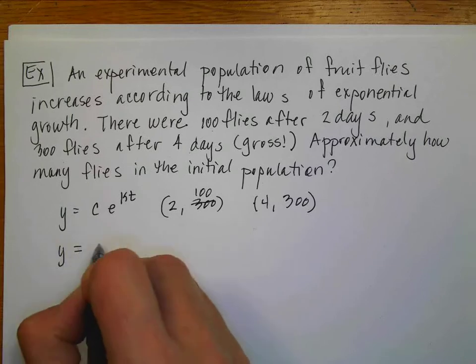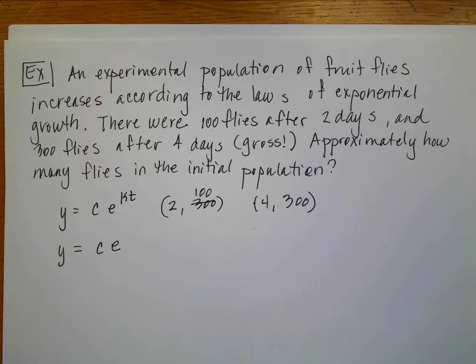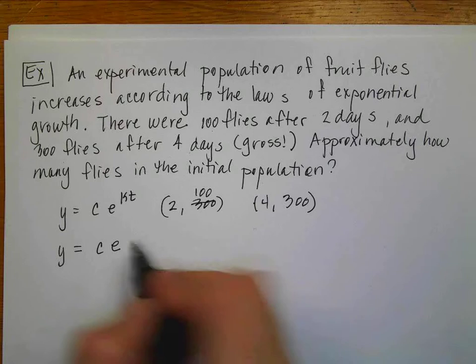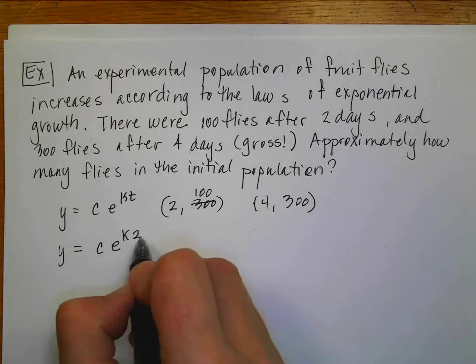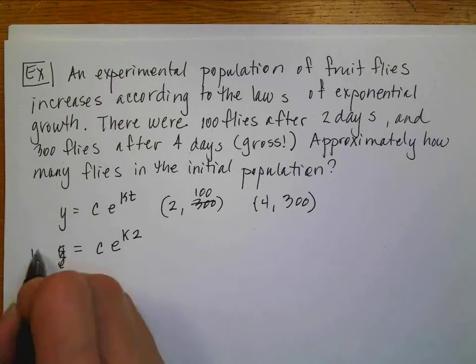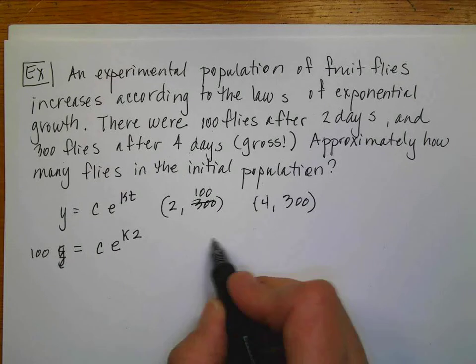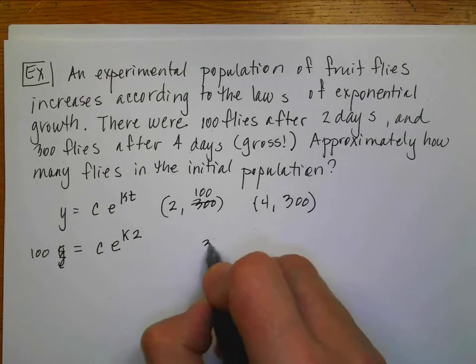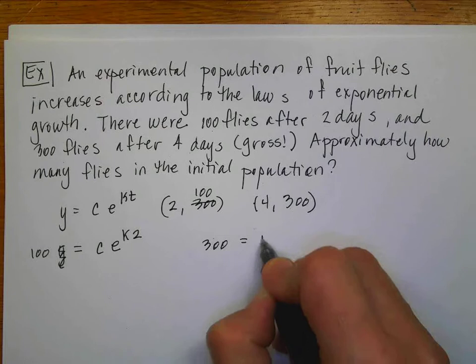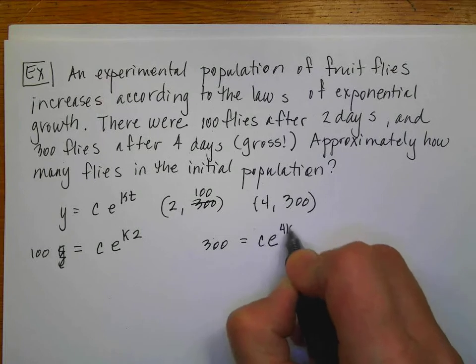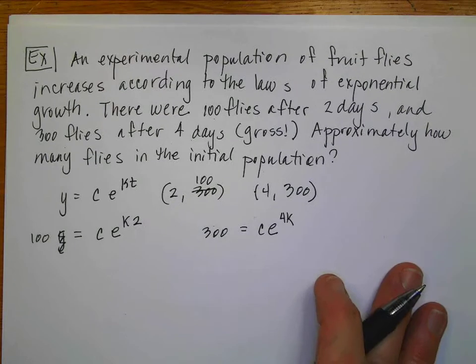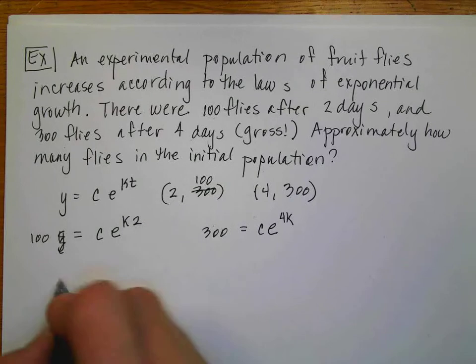So if I substitute everything into the equation that I have, y is equal to C e to the kt, my k I don't know, my time is 2, and I'm going to put in my 100. And then in the second data point, I have 300 is equal to C e to the 4k.